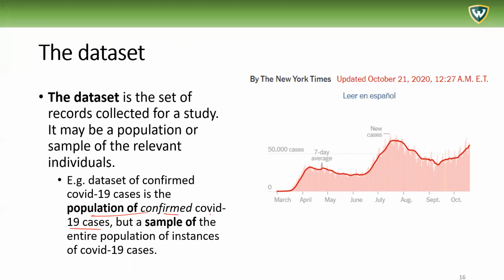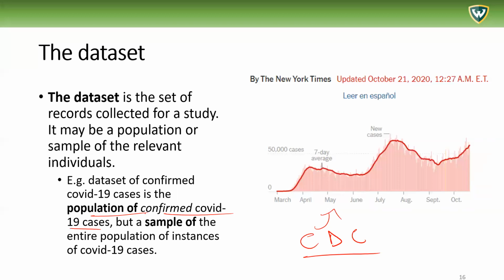That is, it may be reasonable to expect that all of the confirmed COVID-19 cases are in the data set we're looking at, maybe from the CDC. And that's because every confirmed COVID-19 case is strictly reported by the CDC, and therefore they have every single confirmed COVID-19 case in their database.